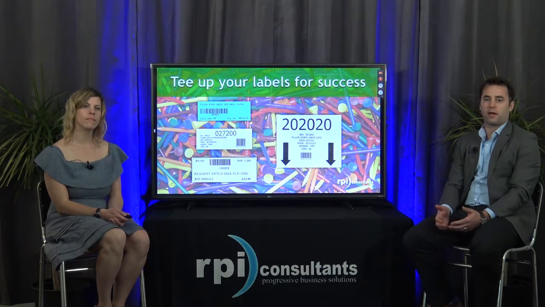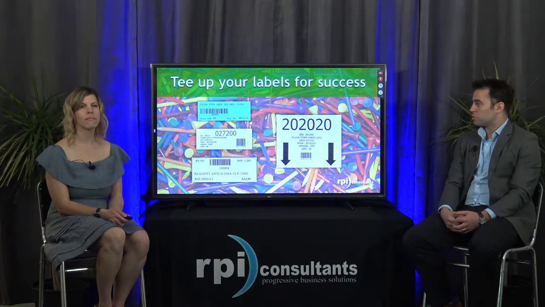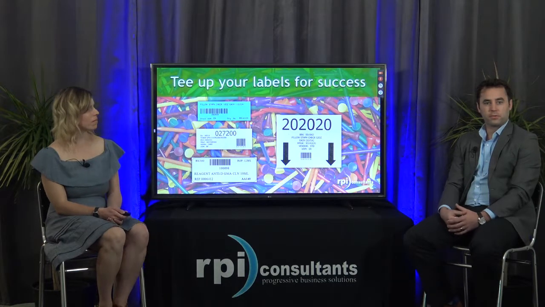If they were using it locally on their own computer, they would have to have that font installed on their own computer as well. So there's some really good customizations you could do with Crystal Reports in terms of labels.